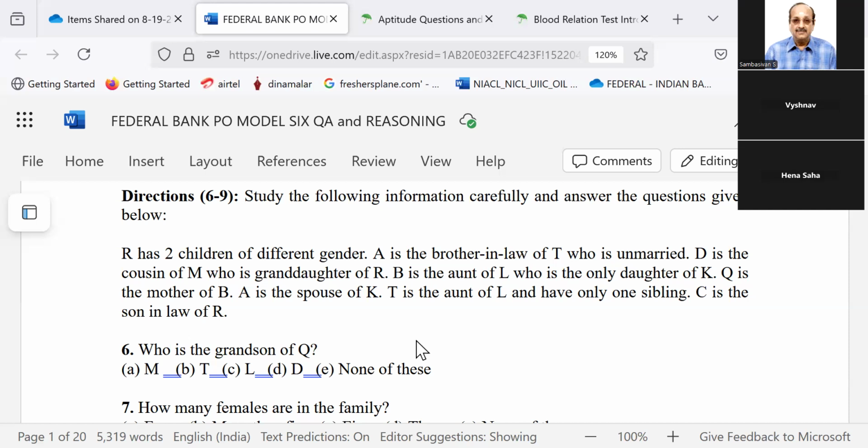D is the cousin of M. Right. So they will be in the second layer adjacent. Yes, sir. Now, who are the sons and daughters of R? R has got, who is the son or daughter of R?